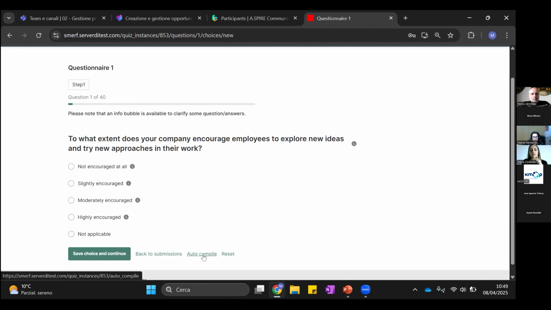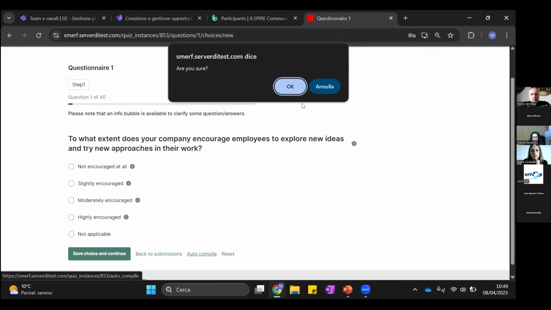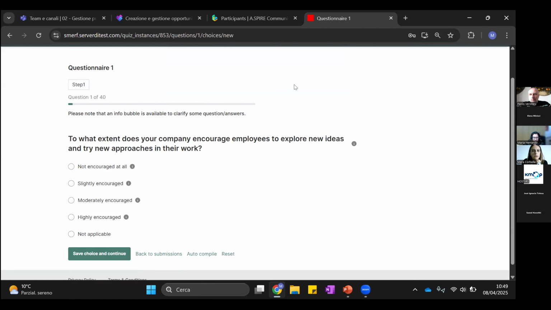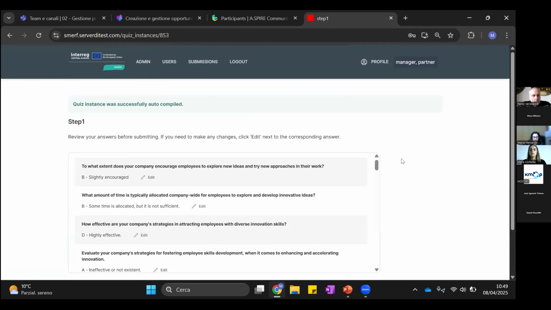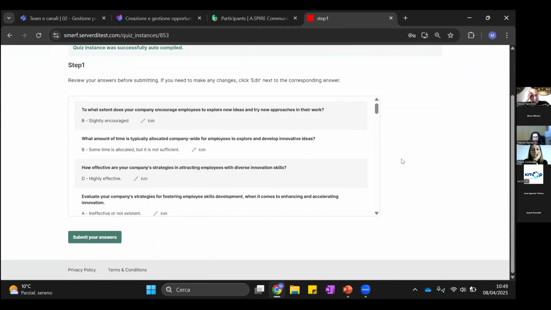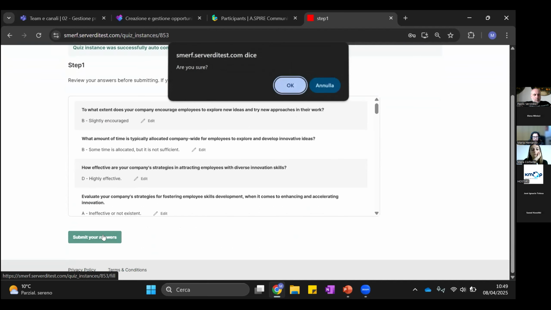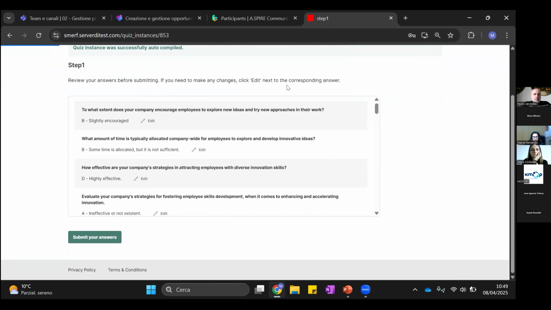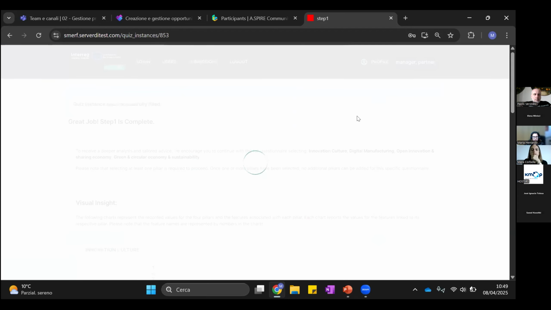Of course, I have the auto-compile because it's still in the testing phase. So for me as administrator, it's available, but you will not see it. And after filling in with the auto-compile, you have the possibility to change the answers. Then after submission, this is what you get.